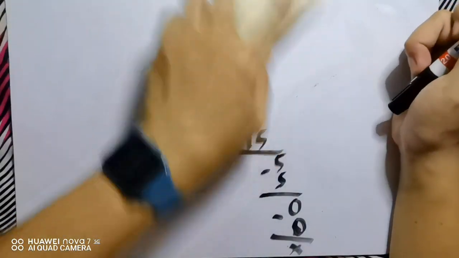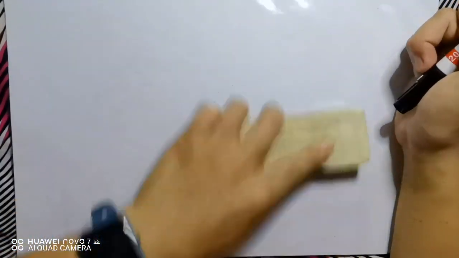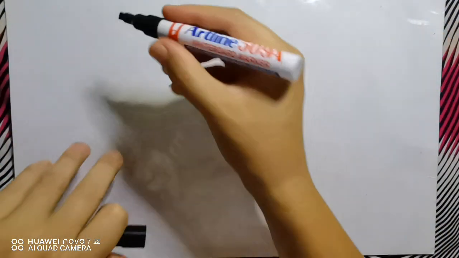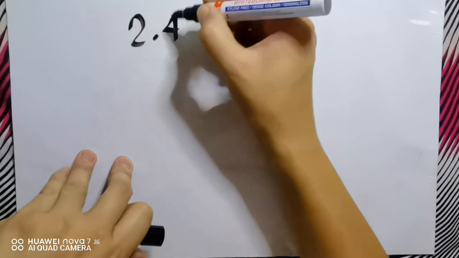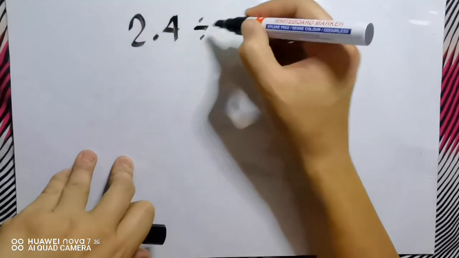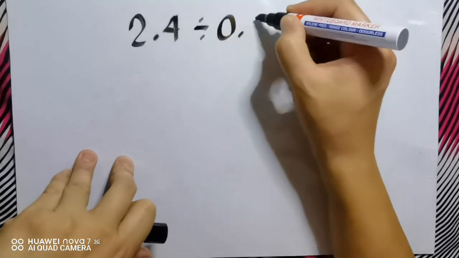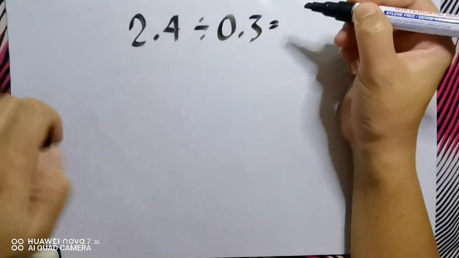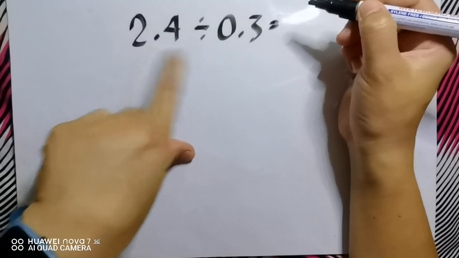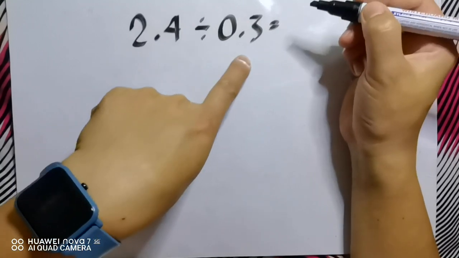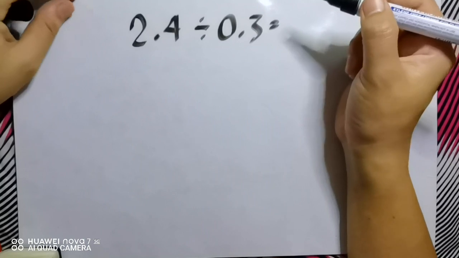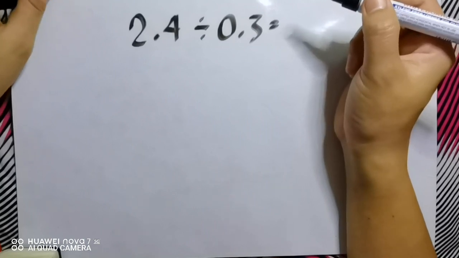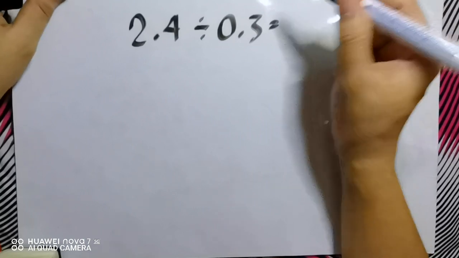Okay? So, paano naman yung mga may decimal point yung nasa labas? So, let's try that. So, let's say we have 2 and 4/10 divided by 0 and 3/10. Now, as you can see, meron na tayong decimal point dito. Meron din tayong decimal point dito. So, ang gawin mo lang is parang mag-divide ka.